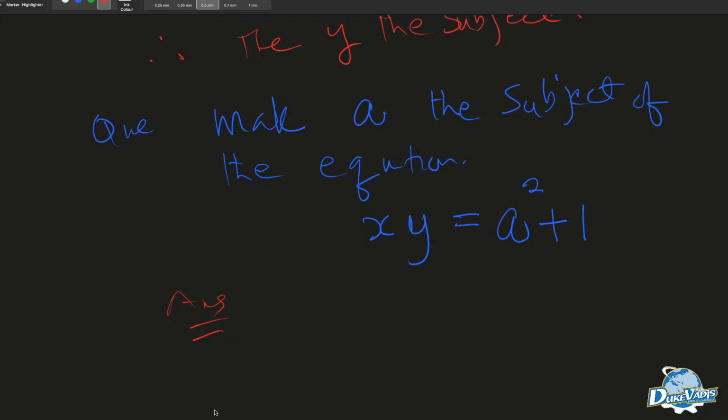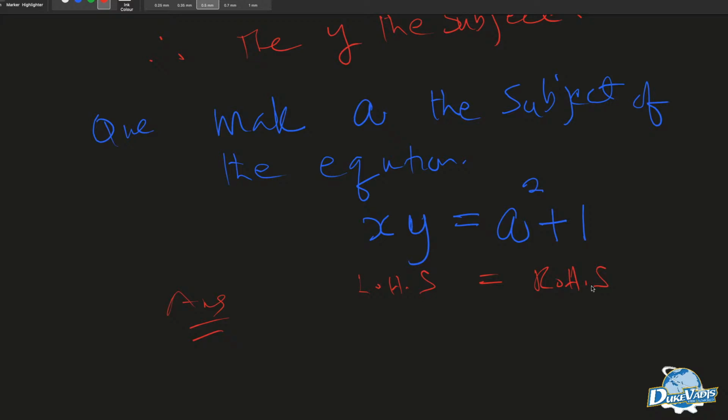So what can I do? All I have to do is apply what I've been told, because I know this here is my left hand side and this is my right hand side. They say I should make a the subject, so I have to subtract 1 from each side, because 1 is adding to a squared.